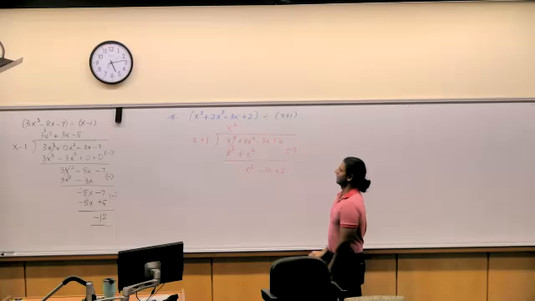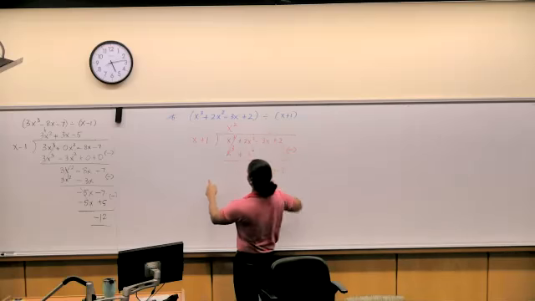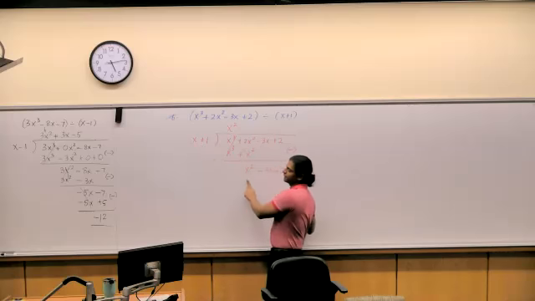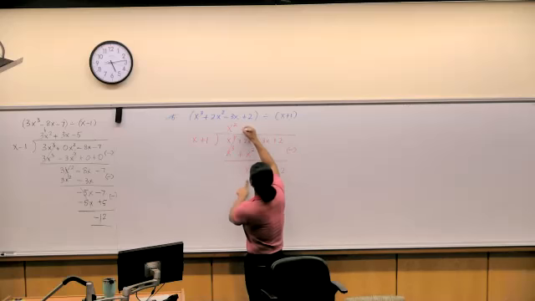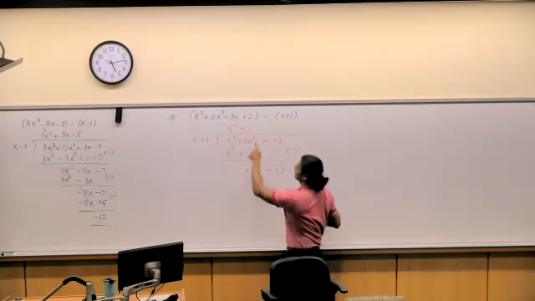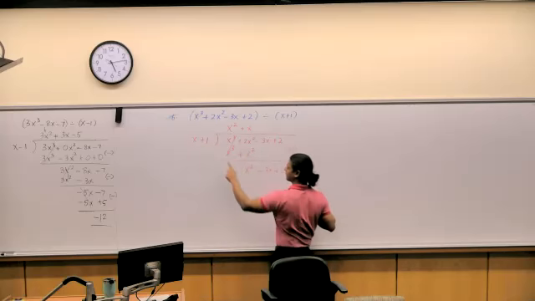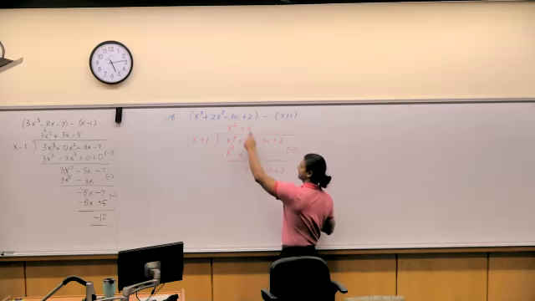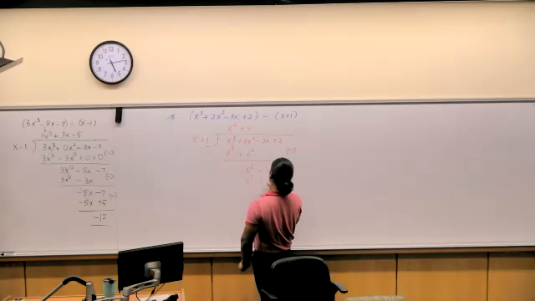Good. I've got to put something here so that when I multiply with x, I come up with x squared. So it has to be x times x, x squared. x times 1, positive x.